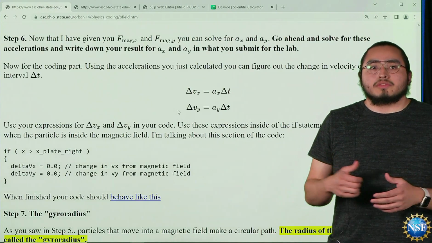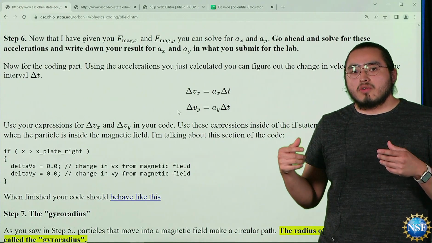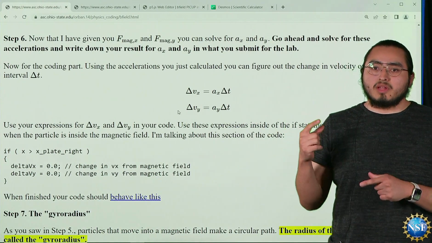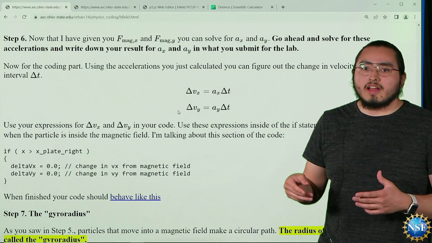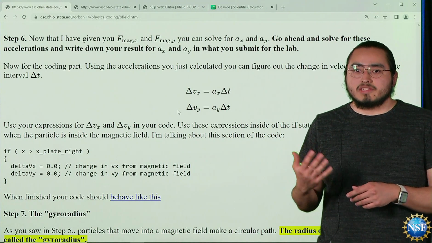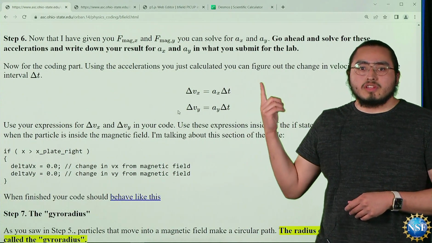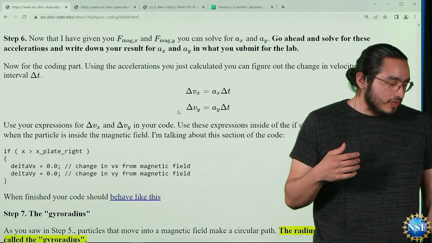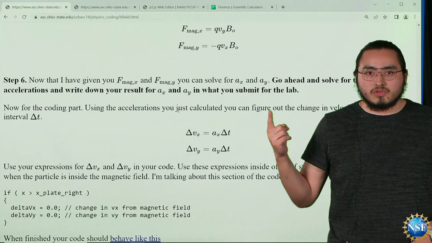Now in step 6, we're going to go into the code and begin plugging in the values necessary to show the impact of the magnetic field acting onto our positively charged particle. The first thing to do is to solve for the acceleration from these forces.